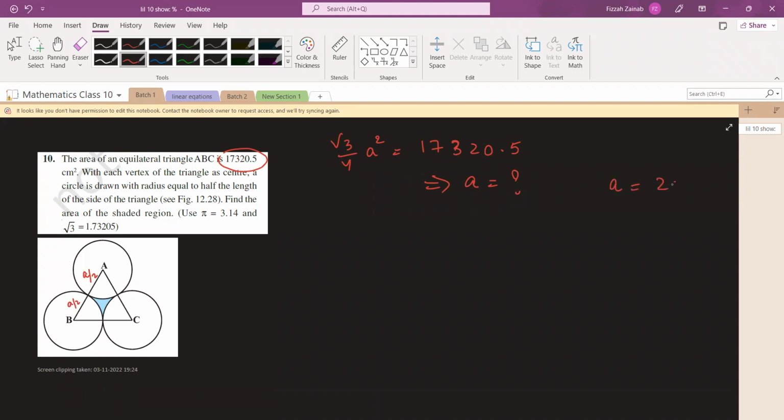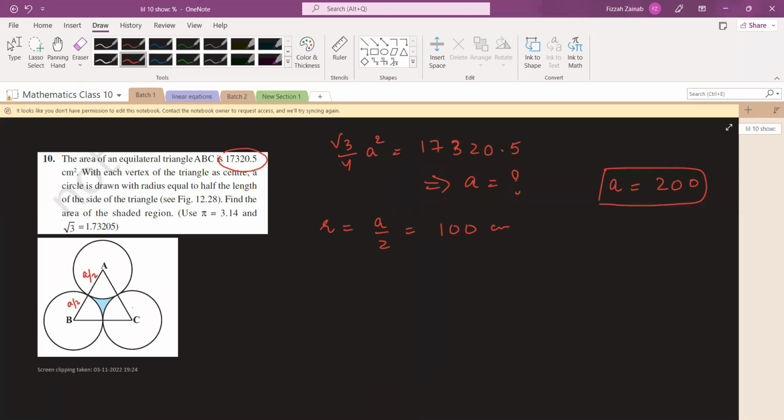So I think it will come 200, right? This you should get. So your A will be 200. Now, so what will be A by 2? That means the radius is equal to A by 2. So it will be 100. Is that clear? Centimeter. Okay. So radius you have got 100 centimeter.